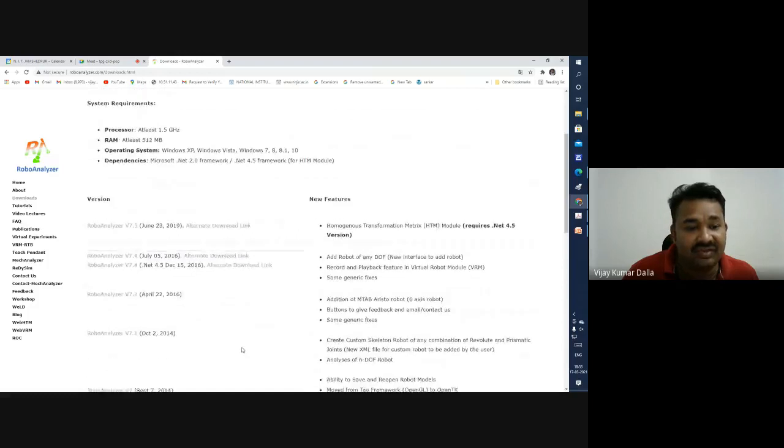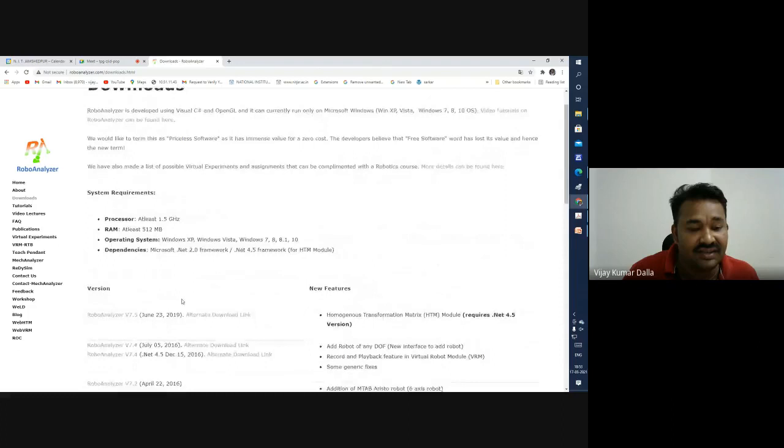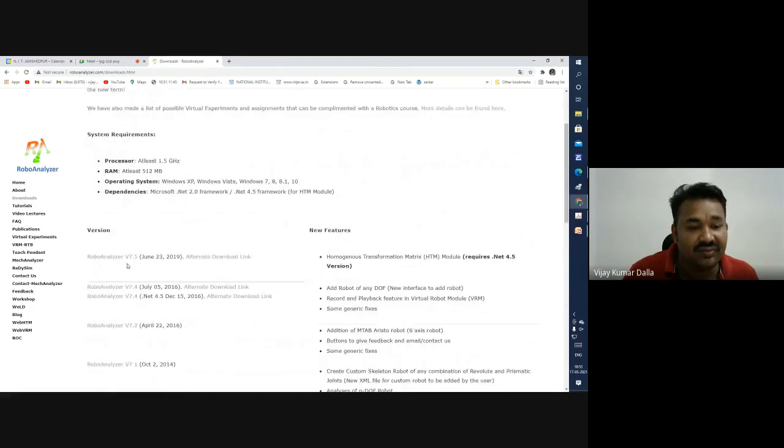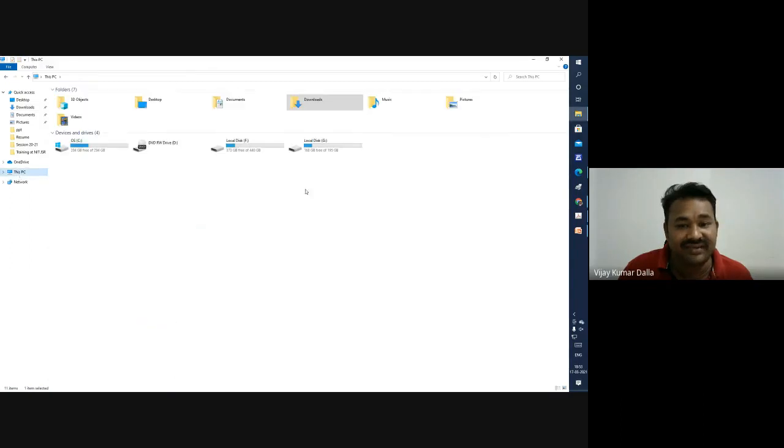After this page, you will find a number of versions. The recent version is RoboAnalyzer v7.5. And what is the new feature added in this version? Homogeneous transformation matrix, which is known as the HTM module. By clicking this, one can download it, and I have already downloaded it, which I'm going to access.